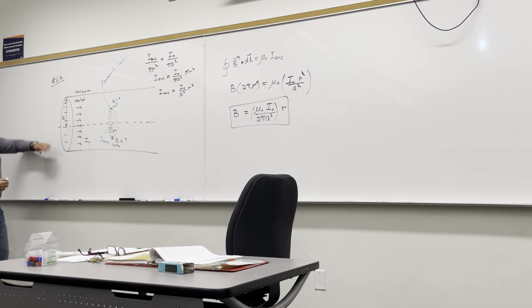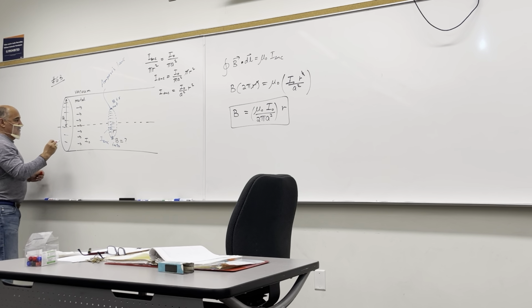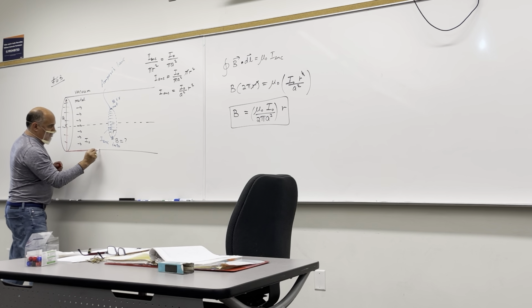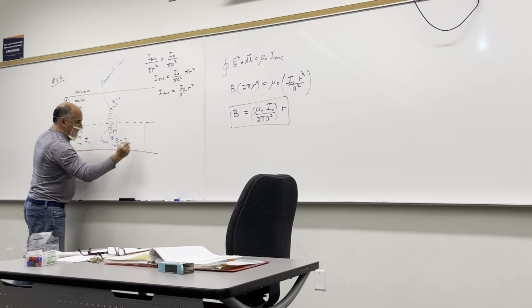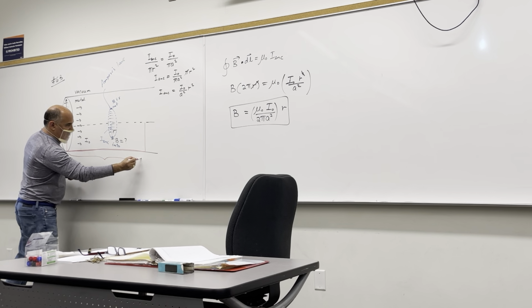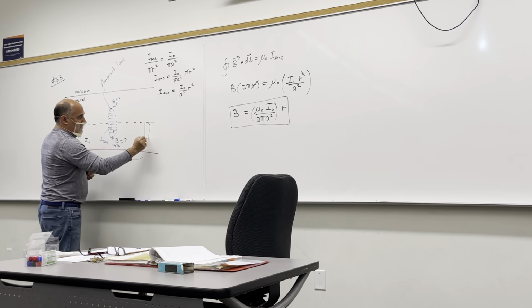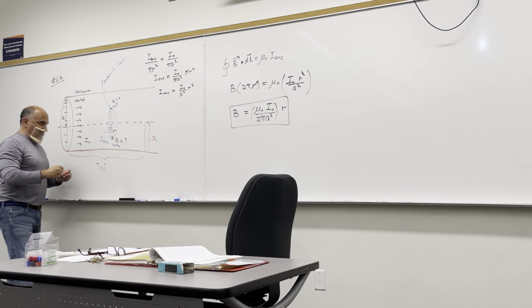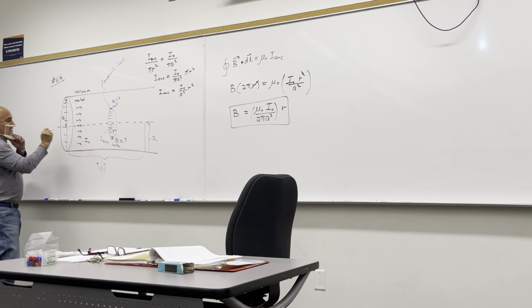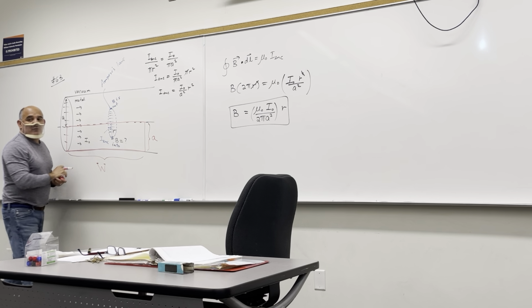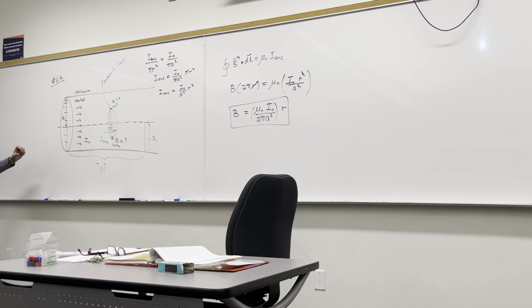If I look at the plane of the board, and I consider a chunk of the plane of the board like this, and I call this length W, that's the width, and obviously this length over here will be the radius of the wire, then what is the total magnetic flux through this rectangle of width W and height a?